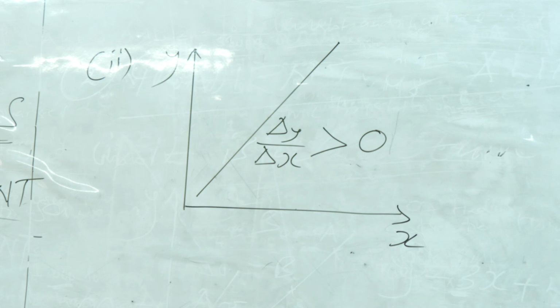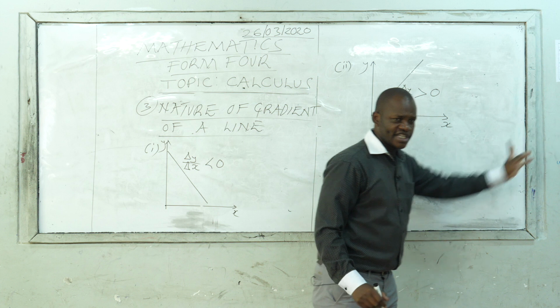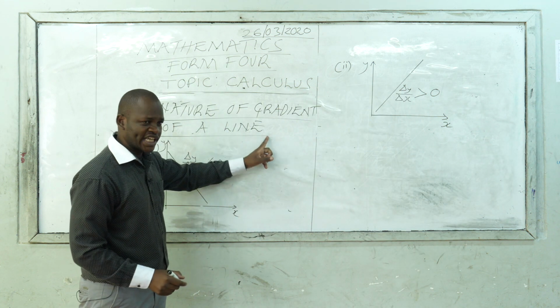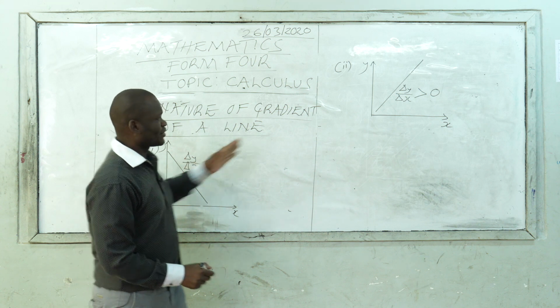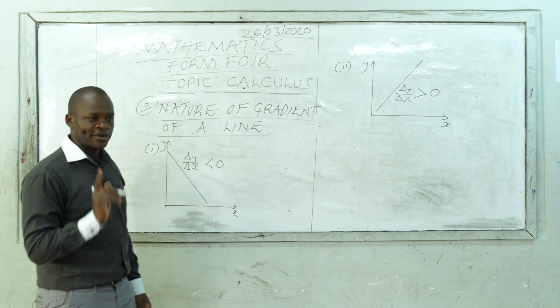So here we have a positive gradient. Here we have a negative gradient. Keep in mind, I'm focusing on the gradient of a line, implying in each of these cases, the gradient still remains a constant.